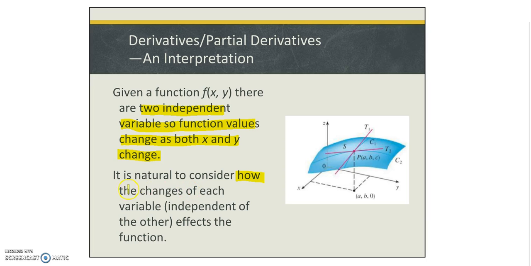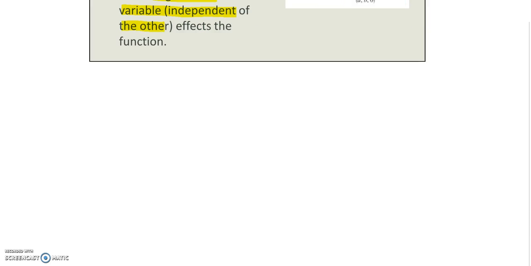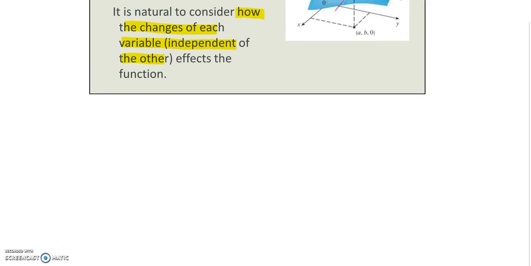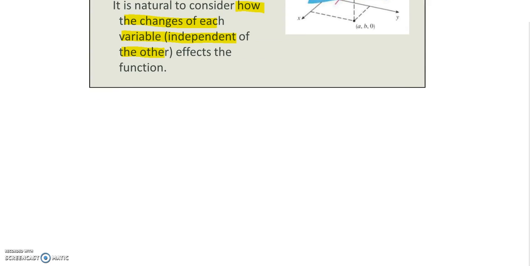If I'm thinking about rate of change, I don't want to allow them both to change simultaneously, because then I cannot track how the output changed based on the change of the inputs, since I was changing too many things at one time.